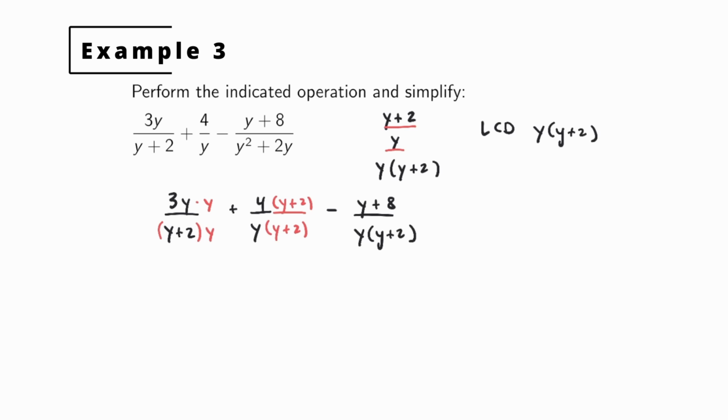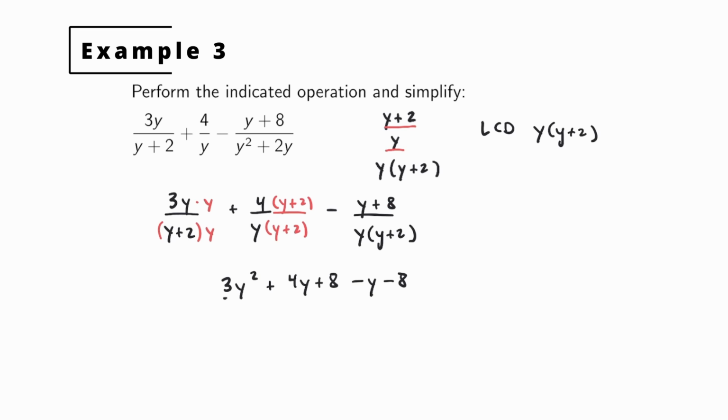Okay? And now we combine these over a single denominator. So we'll have 3y squared plus we distribute the 4 times y plus 2, so we get 4y plus 8. And then we're subtracting y plus 8. So we're going to have minus y minus 8, right? We distribute that negative sign to both terms.